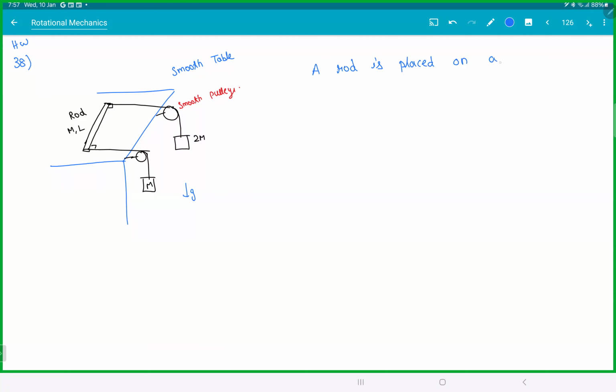A rod is placed on a smooth horizontal table with blocks M and 2M attached to the ends.